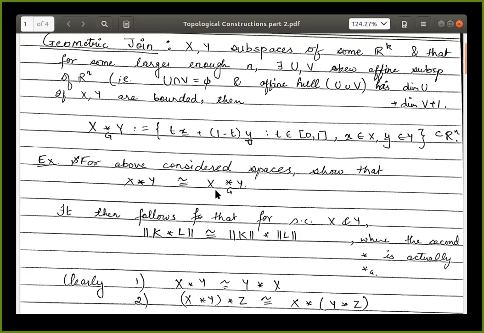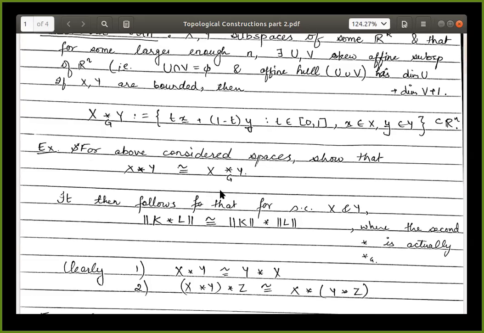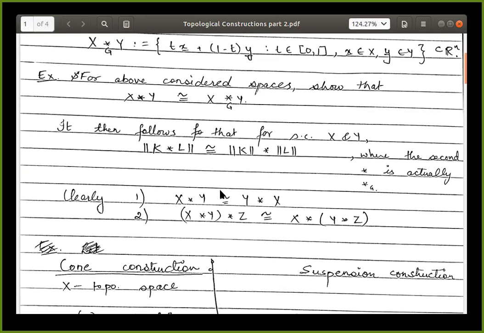Using this, we come back to the original question which we posed in the last lecture: if K and L are simplicial complexes, then whether you take their geometric realizations and then take the join, or you take their join first as simplicial complexes and then take the geometric realization, these spaces are homeomorphic.